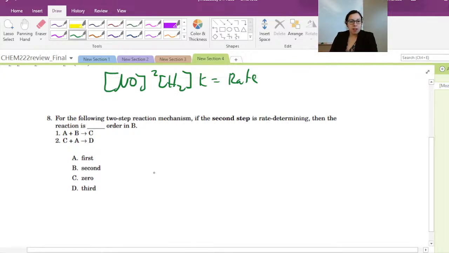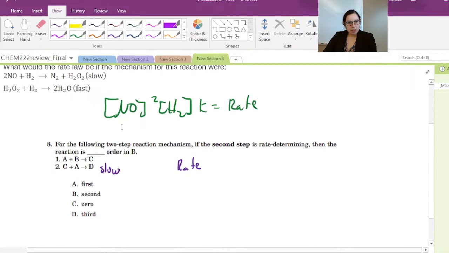And we could even write our reaction mechanism. So again, right, it's telling us the second step is slow. And so we can break this down, right? So we're saying that our rate, if we're just following, right, this example, well, it's dependent upon the slow step. So our rate is C times A times whatever.